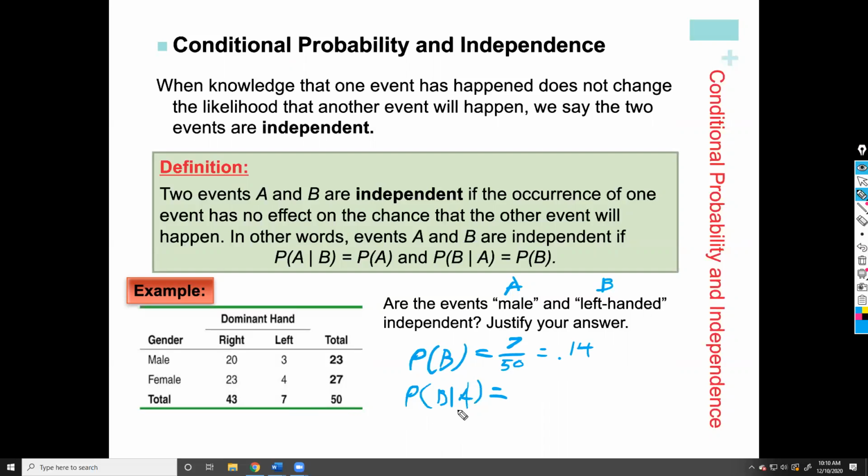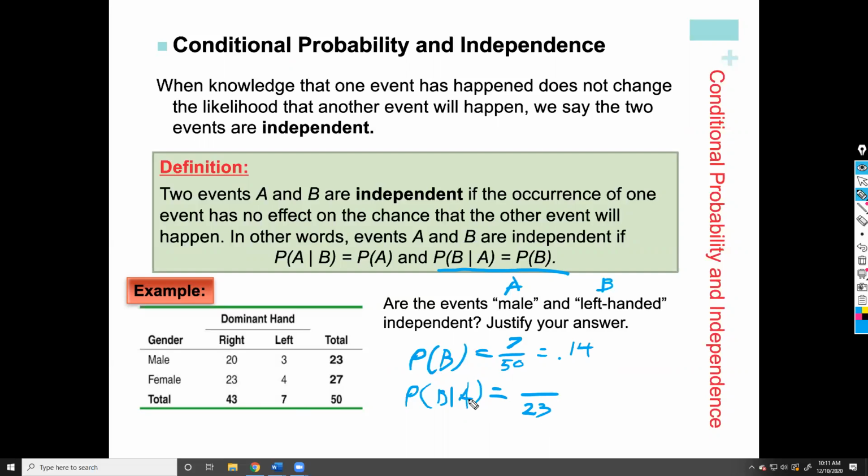Now, probability of B given A, this is what we're testing here. The probability of B given A says, given that A has happened, so given that they're male, so let's look out of all the males, that's 23. Out of all the males, how many of them are left-handed?